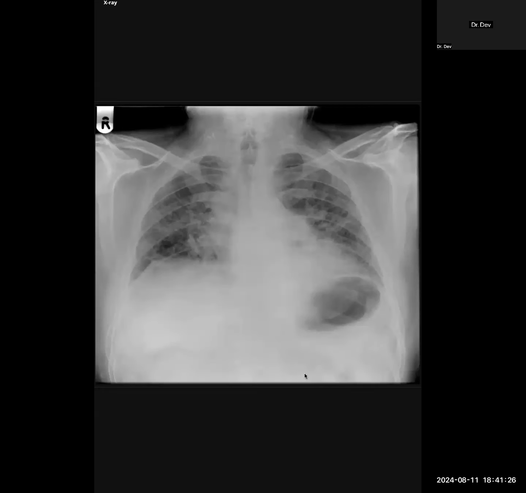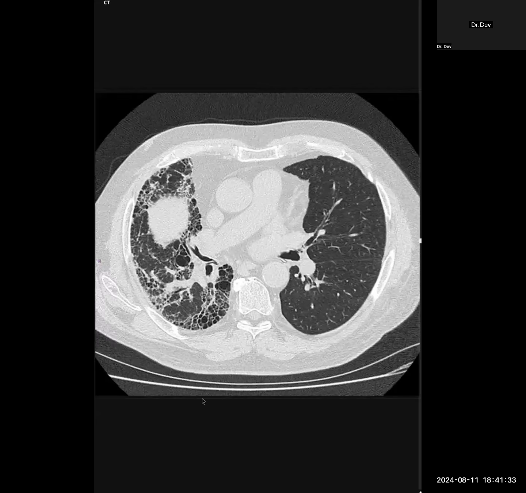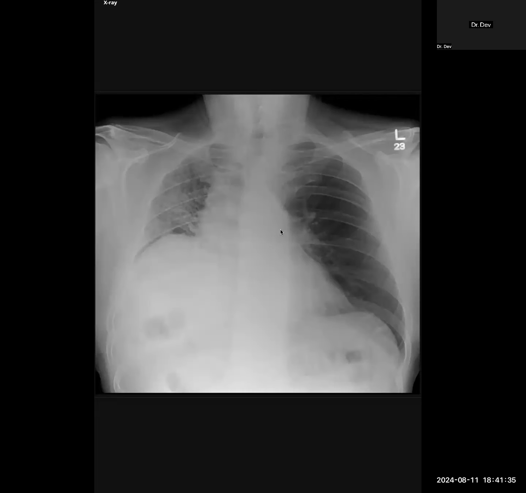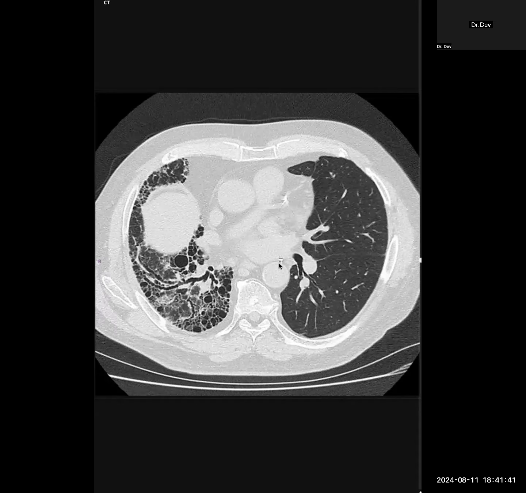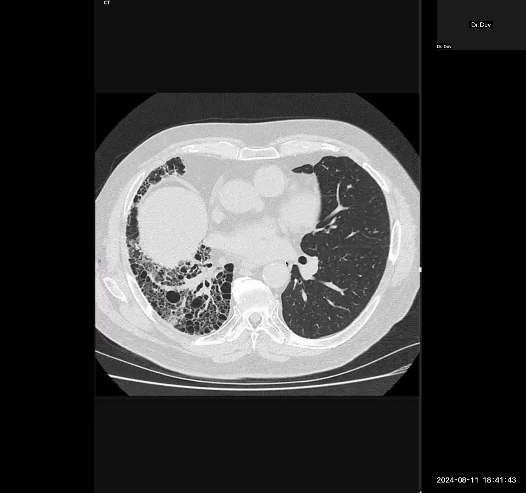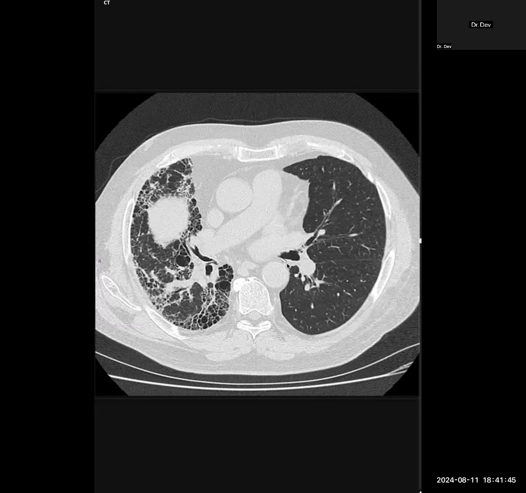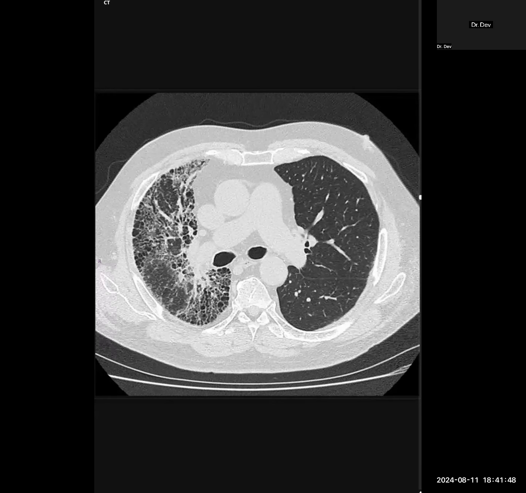This is a case of chronic ILD, and this patient had a left-sided transplant. You could say you're looking for evidence of surgery like hilar clips, which is not visible on the radiograph. But if you were to move to the CT, you would have found these little clips here, which confirm that there has been a transplant on this side.